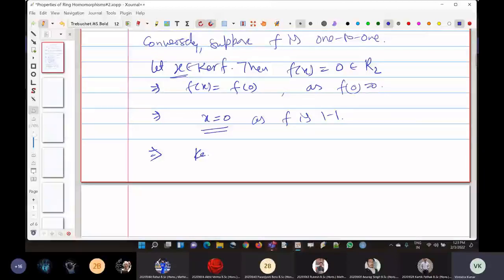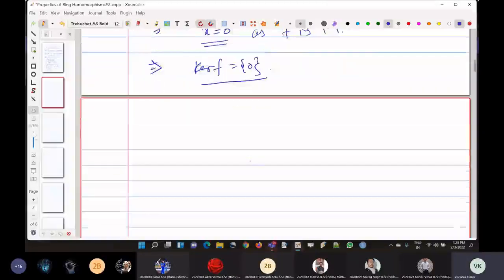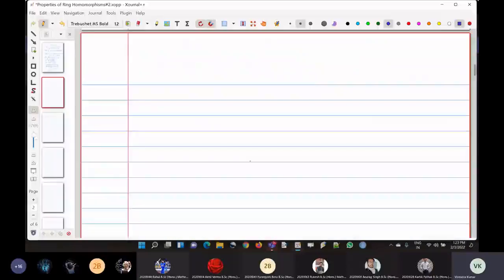This implies that kernel of f equals singleton 0. All right. Now let us see the next result.